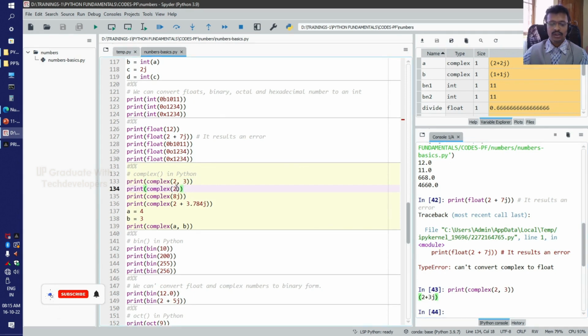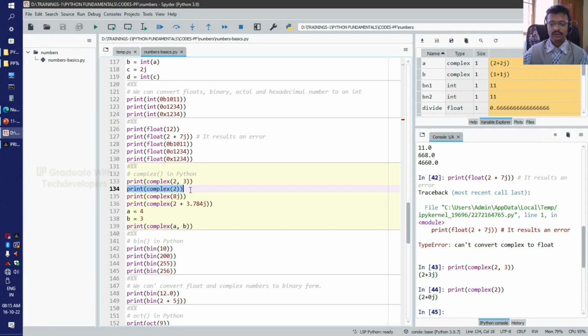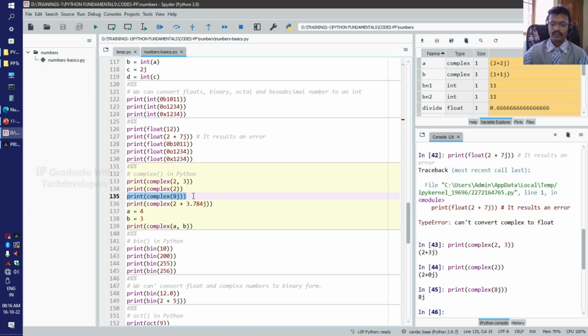If we use only a single value, that is 2, inside the complex function, then it will create a complex number with 0 imaginary part. Suppose we use only the imaginary part inside the complex function, then it will create a complex number with only the imaginary part, it means 0 plus 8j.